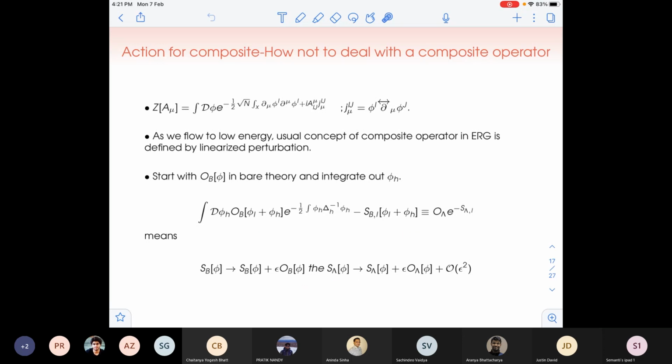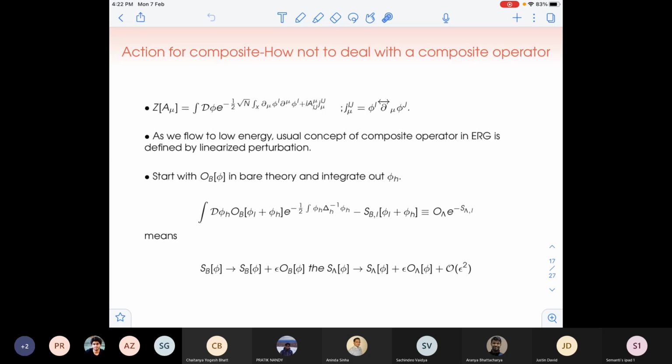Suppose OB is a bare operator in the theory, and, sorry, this minus SBI should actually be in the exponential. So we are starting with a bare operator with the whole action, and we are integrating out the phi h part.